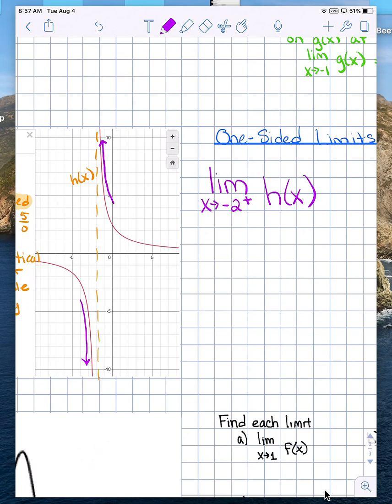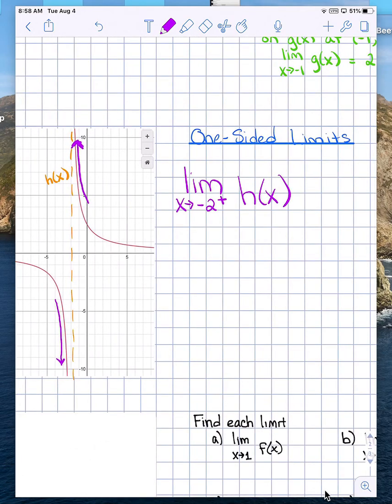What is the function value as we get closer and closer to -2 from the right-hand side? Well, we can see because there's an asymptote, this function is not approaching one single value. The y values are getting bigger and bigger and bigger. We're approaching an asymptote. So from the right side, I would say that this function is approaching infinity, a very large number.